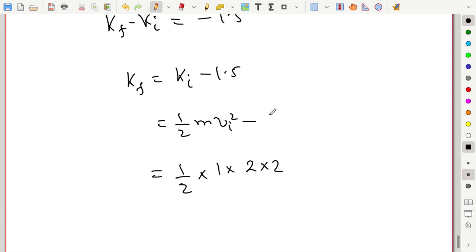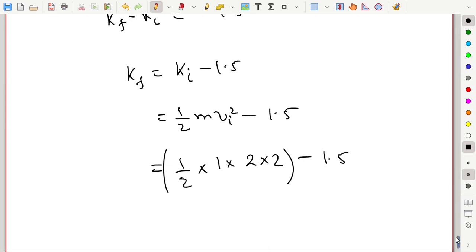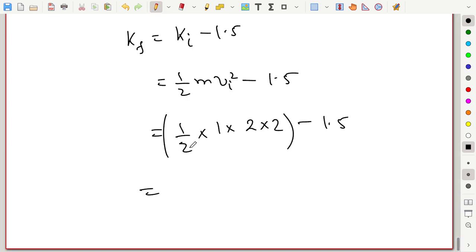The 2 and 2 cancel, so we end up with 2 minus 1.5. So this is the final kinetic energy. Therefore the final kinetic energy is 0.5 joules.